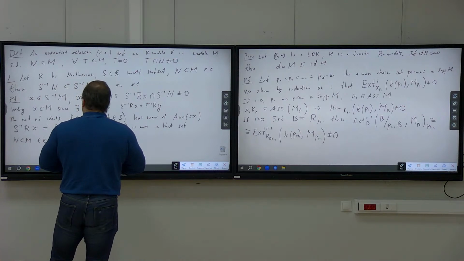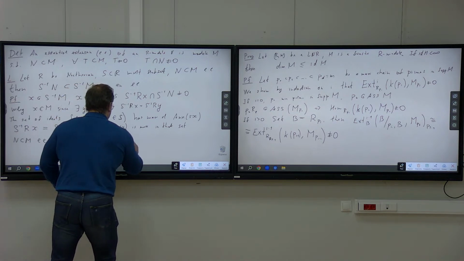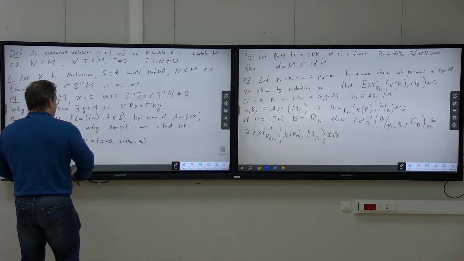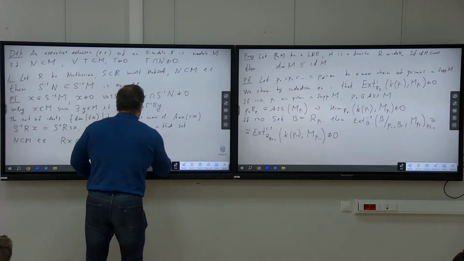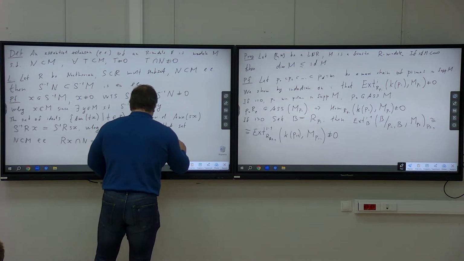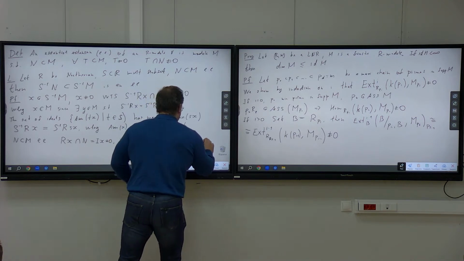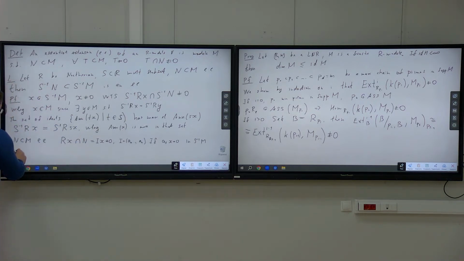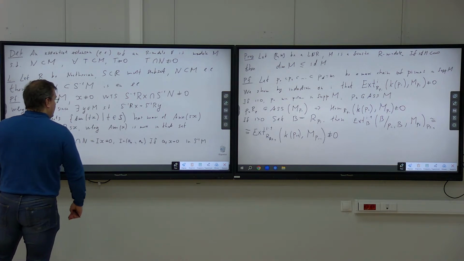Since the ring is Noetherian, I can choose generators for this ideal, say generated by a1, a2, up to an. Suppose that a_i times x is equal to 0 in the localization, in S inverse M, for all i between 1 and n.